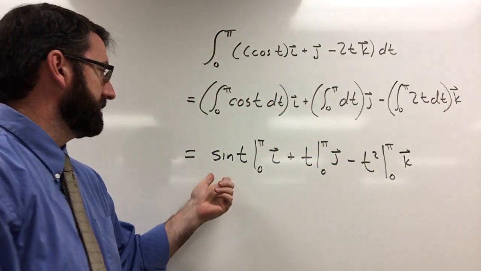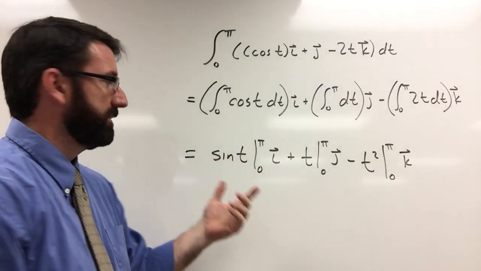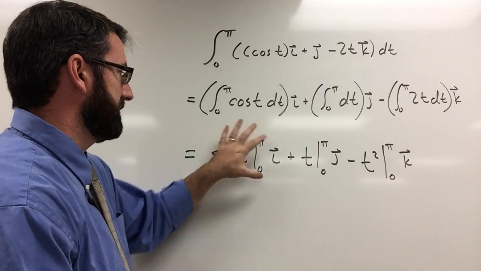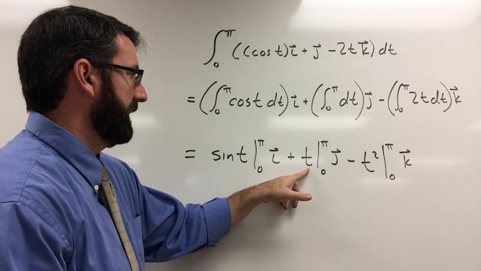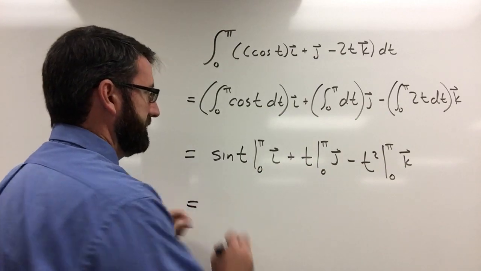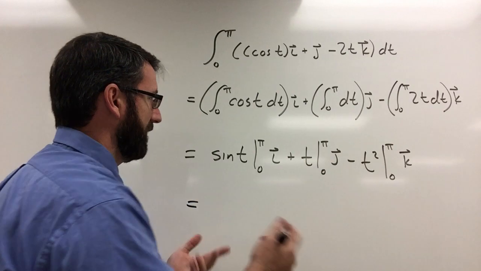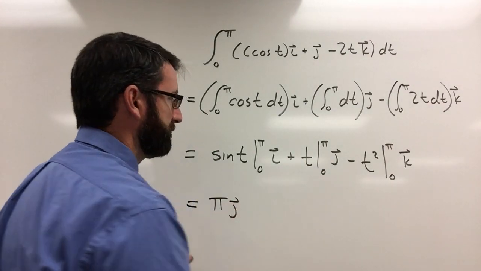And then sine of pi is 0 minus sine of 0, also 0. So this whole component is just going to be 0. T, if we plug in pi, that's going to be pi. Minus 0 is just pi, so this is pi times j.